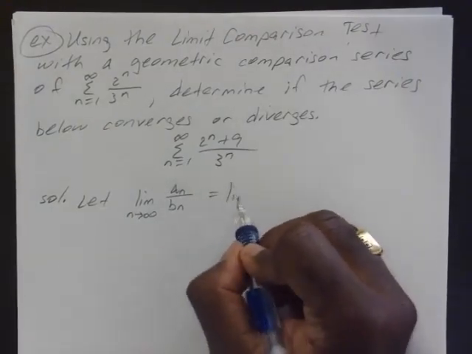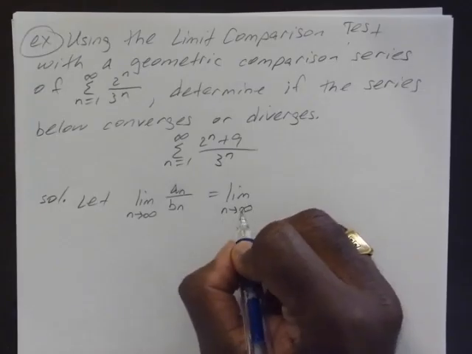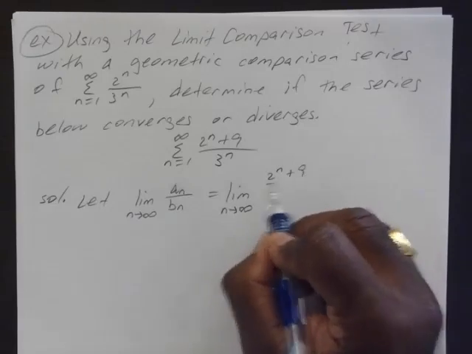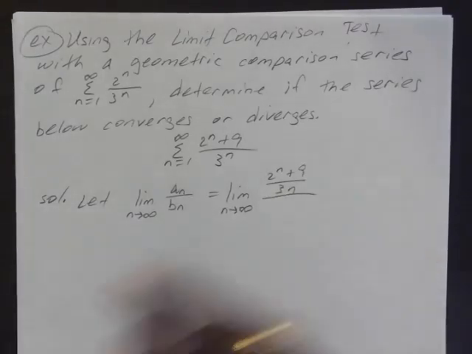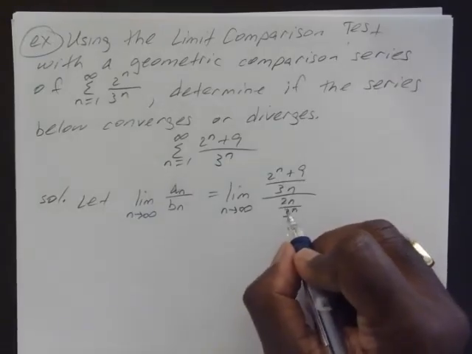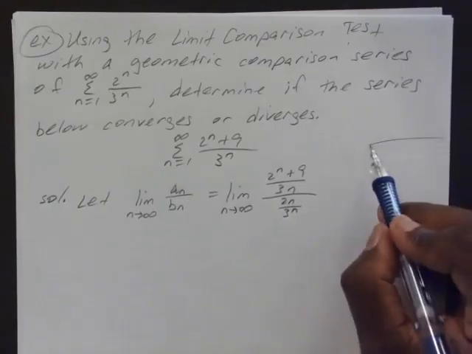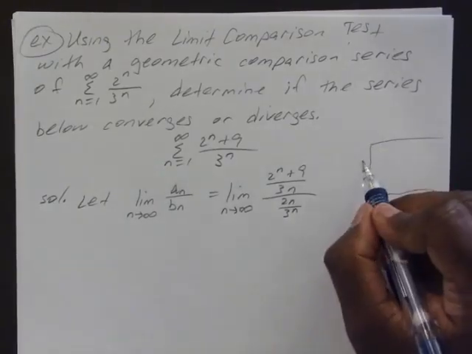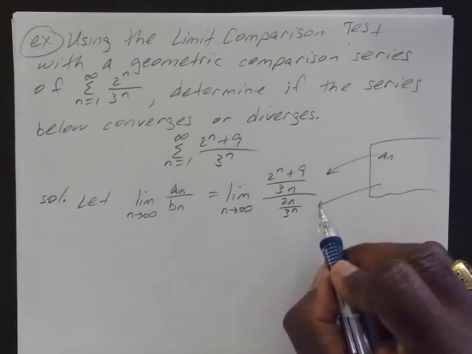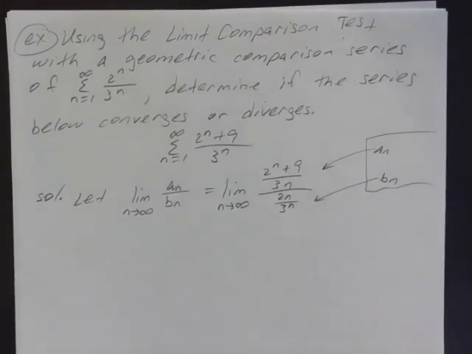We'll just let that equal the limit as n approaches infinity of 2 to the power of n plus 9 divided by 3 to the n, divided by 2 to the n divided by 3 to the n. Okay, so all we did here, we just let that equal our a sub n, and this one equal our b sub n. Or you could have flipped it around if you wanted to. It would have been your call. But I just happened to pick those two.